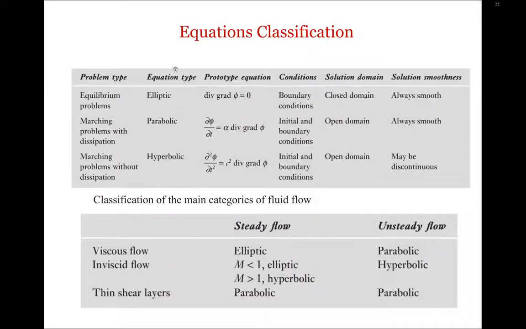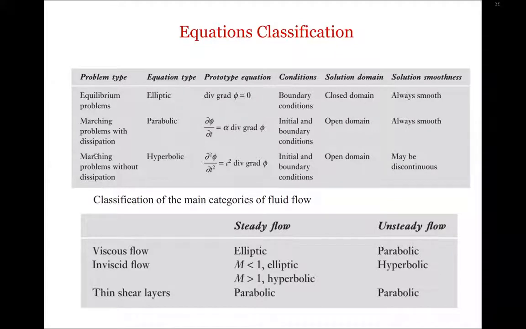Now, in problem type, for example, we have the equilibrium problem, the marching problem without dissipation, and the marching problem with dissipation. The equation types are elliptic, parabolic, and hyperbolic. The prototype equation is the divergence of the gradient of phi equals 0. These need boundary conditions, initial and boundary conditions, and initial and boundary conditions respectively. In the equilibrium problem we have a closed domain.